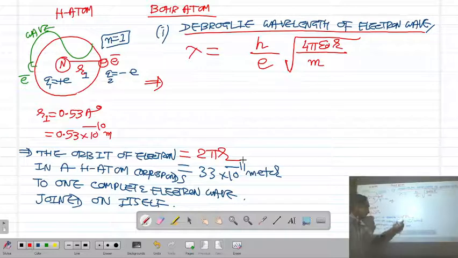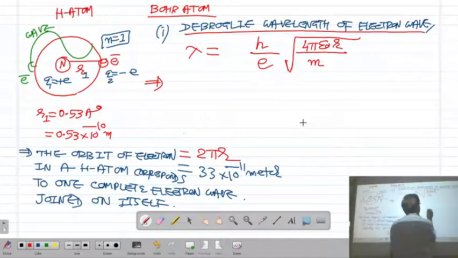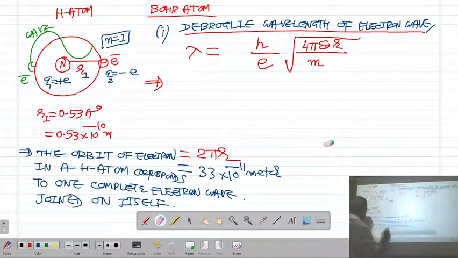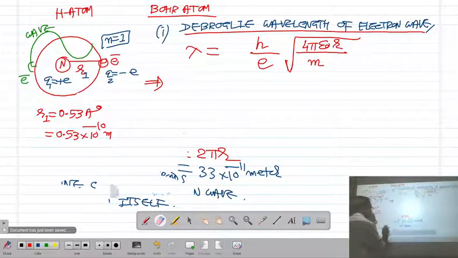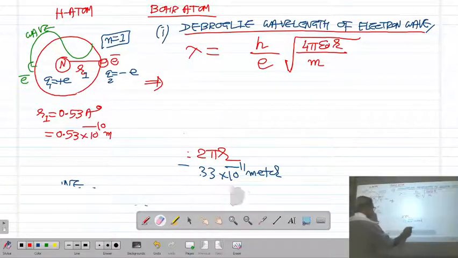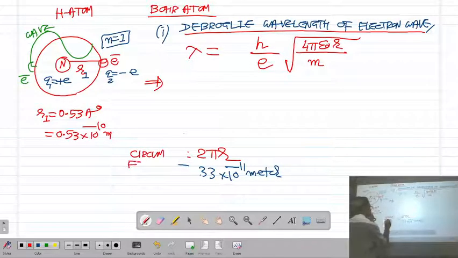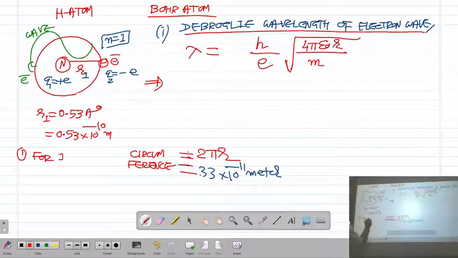If you put both the equations, for one wave you can write the wavelength lambda and circumference 2 pi r is same.